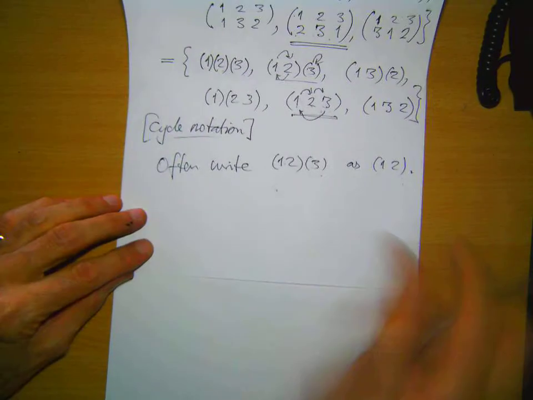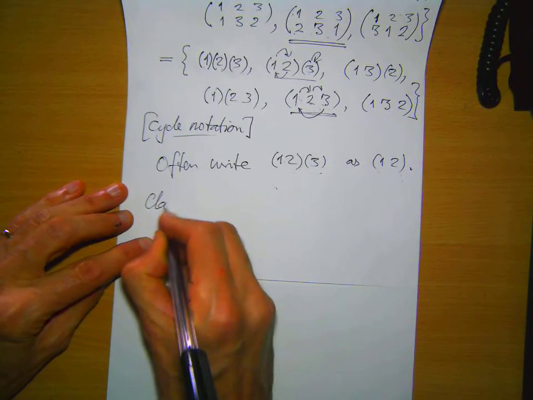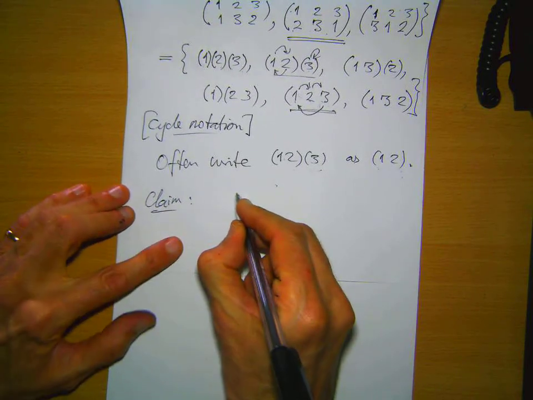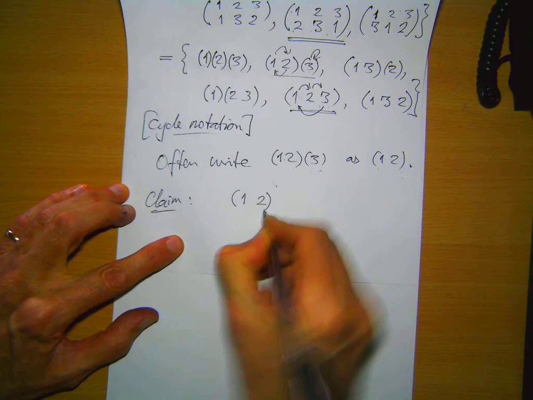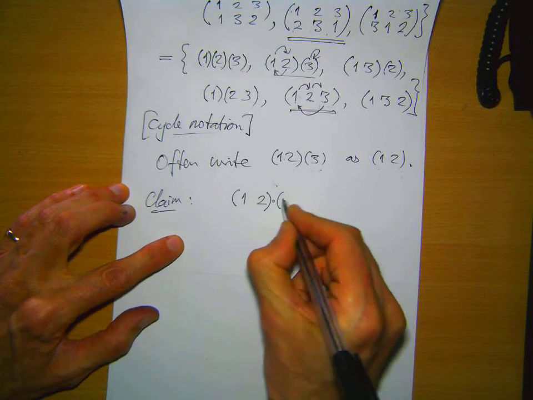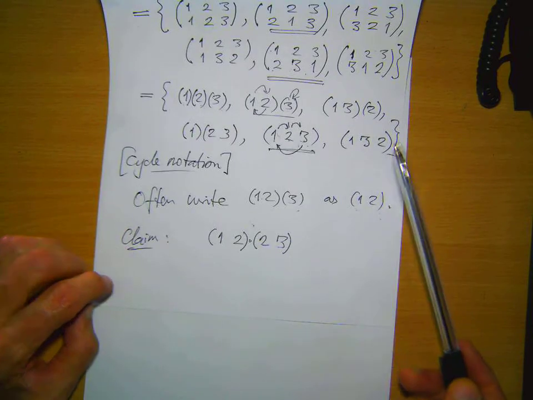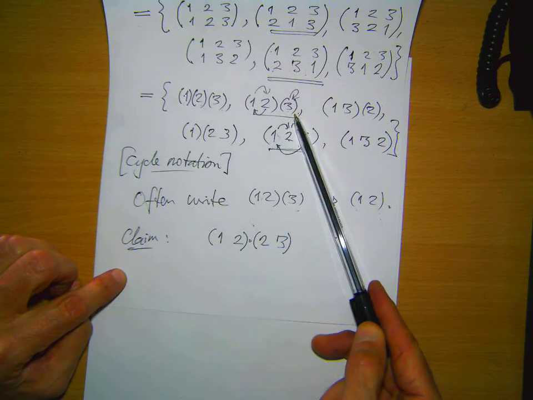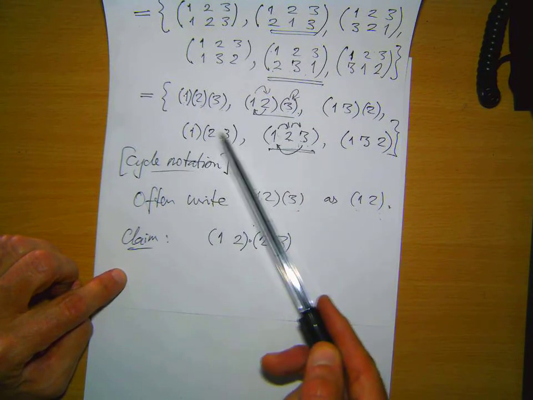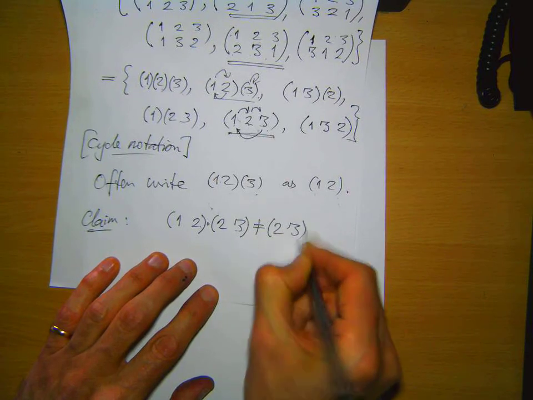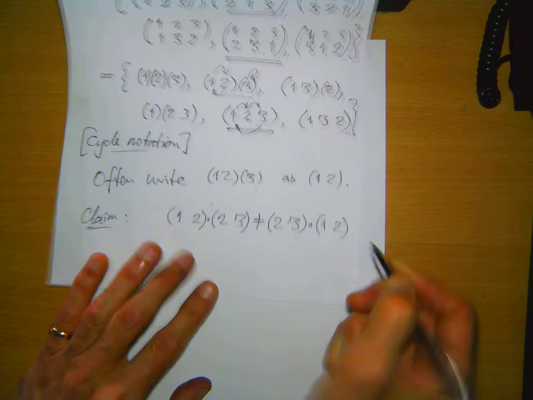So you can check that, for instance, if I look at (1 2) composed with (2 3), in other words, the second one and the fourth one, that's not the same as (2 3) composed with (1 2).